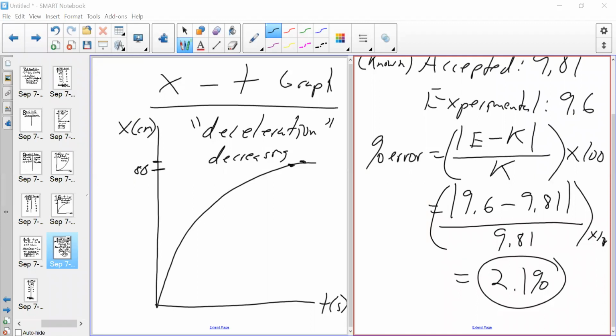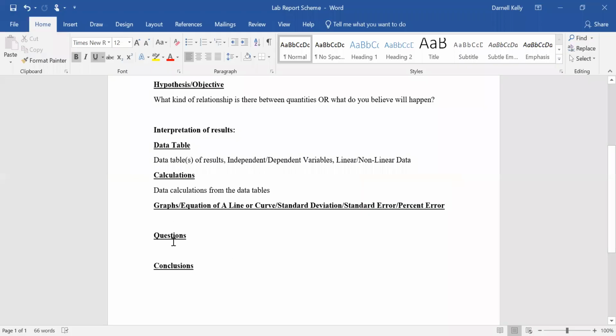Then at the end of your lab, we don't have any questions per se, but if you have any questions, you can put that down. But conclusions: what did you take away from this experiment? What did you learn? What were some obstacles that were in the way?